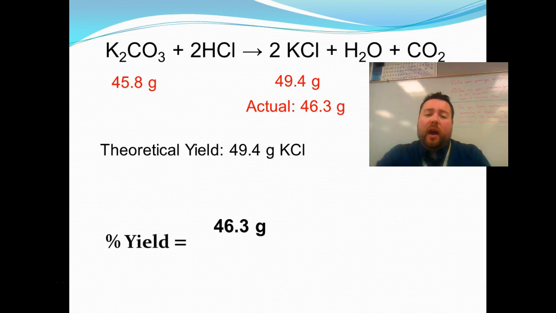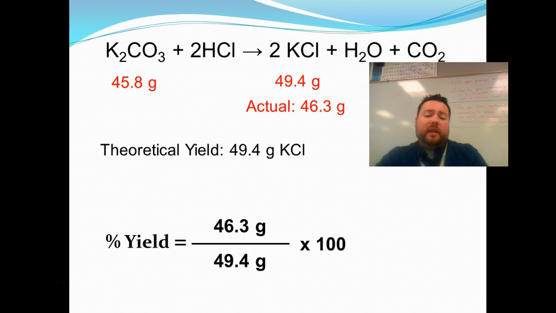And our theoretical yield we just calculated, so that would be our 49.4 grams. Okay, when we calculate that, we're going to end up with a decimal. So we're going to need to take that times 100, and that will give us our percent yield, which is 93.7%. Now, that makes sense that almost always your percent yield is going to be under 100 because not everything is going to react.